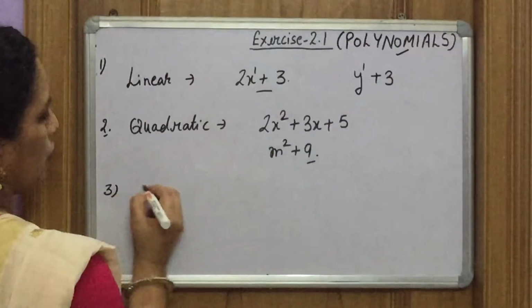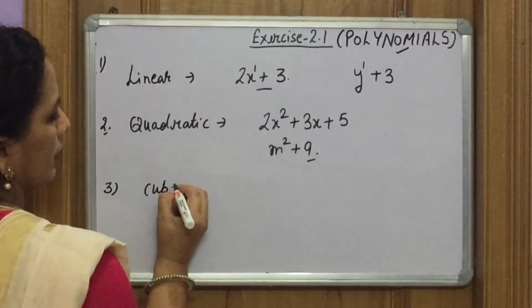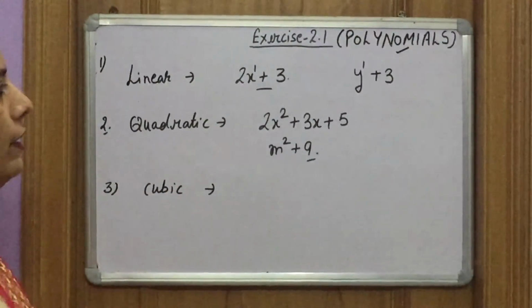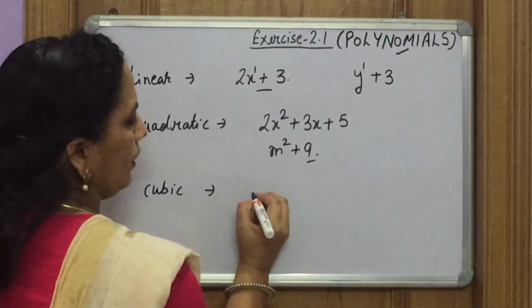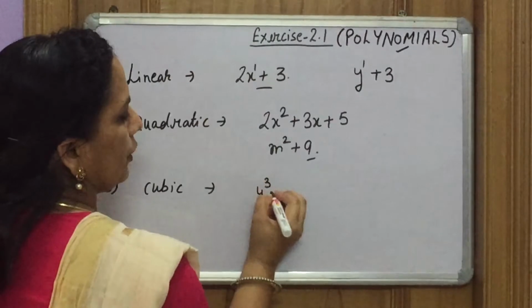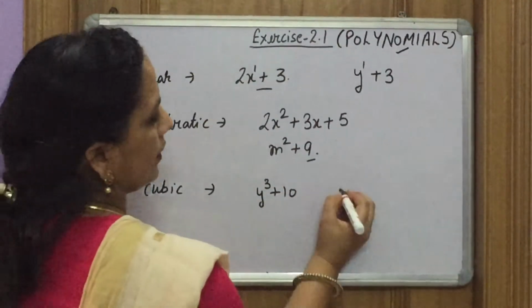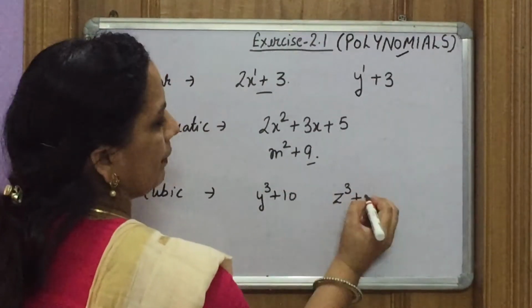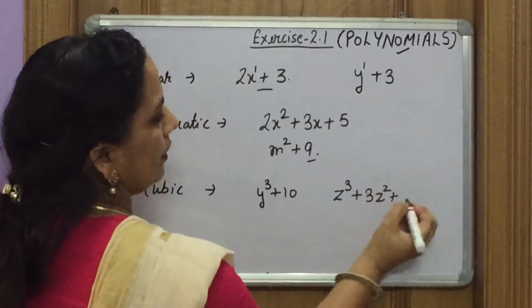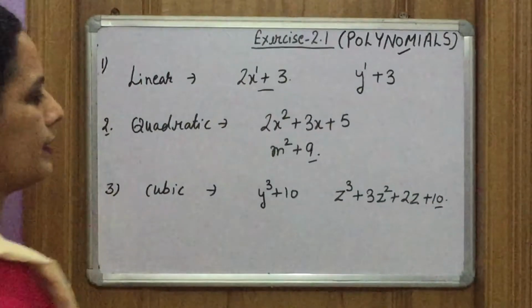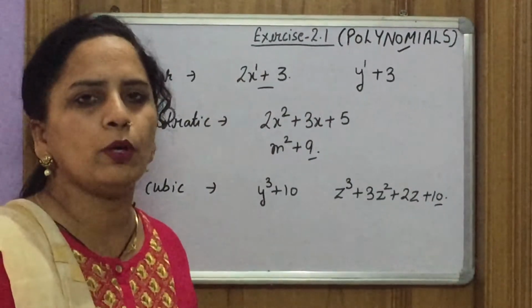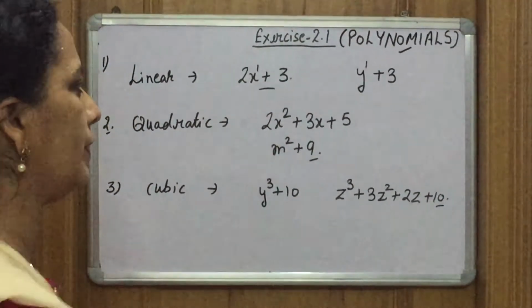Next is cubic polynomial. A polynomial in which degree is 3, then we say that this is a cubic polynomial. y cube plus 10, z cube plus 3z square plus 2z plus 10. These are examples of cubic polynomial of variable 1.